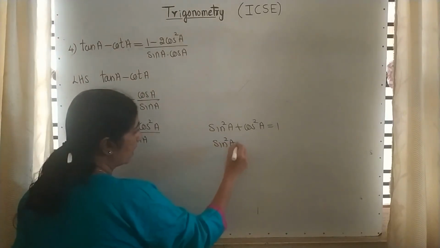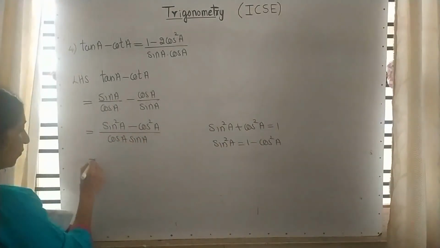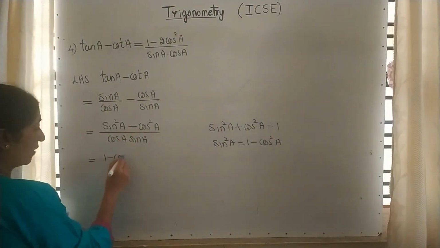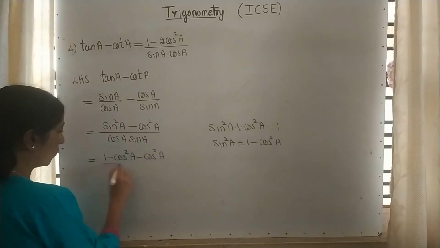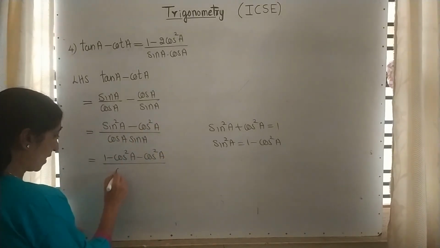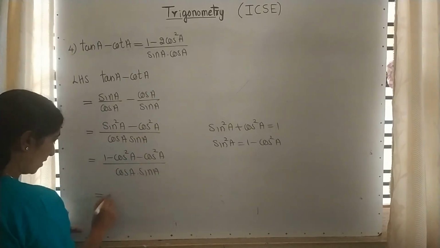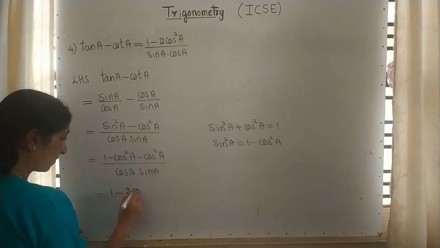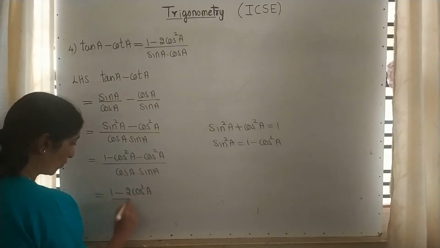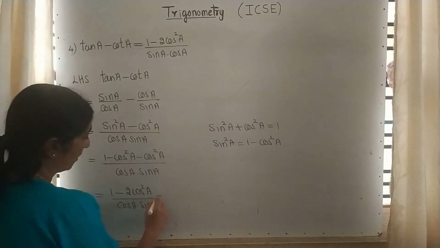Sin square A is written as 1 minus cos square A. Write down that value: 1 minus cos square A minus cos square A. This minus cos square A I kept as it is, upon cos A into sin A. 1 minus cos square A minus cos square A is 1 minus 2 cos square A upon cos A into sin A. So that is the RHS.